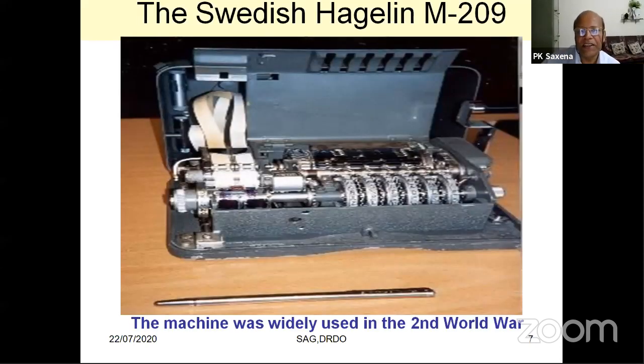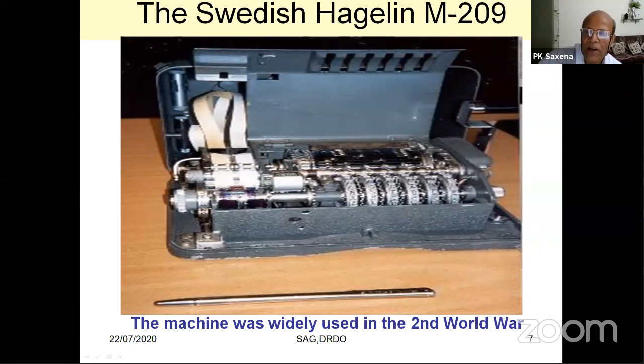This is the picture of one of the machines, which has 6 rotors, and this is a Hagelin machine 209. This was thought to be unbreakable in those days, and it was used very frequently in the Second World War.